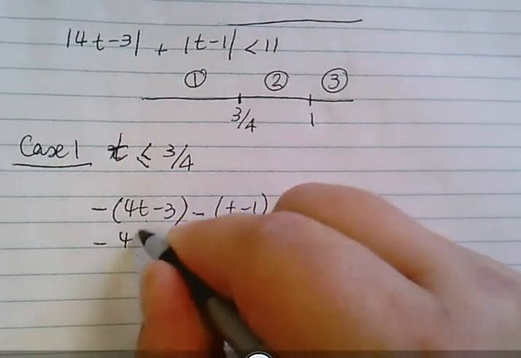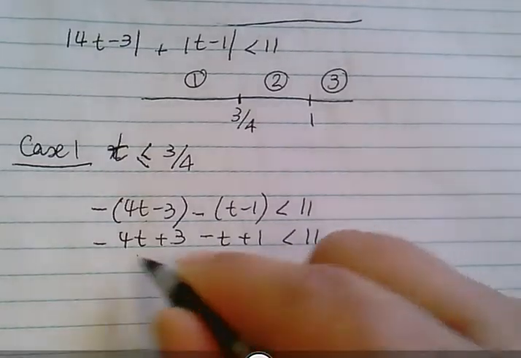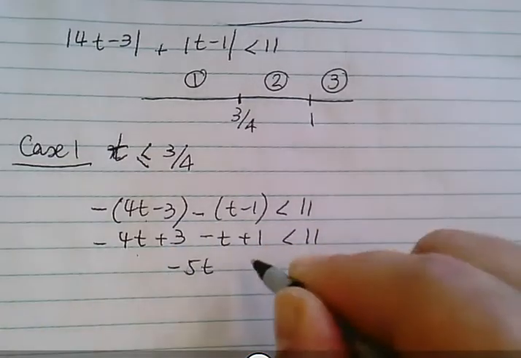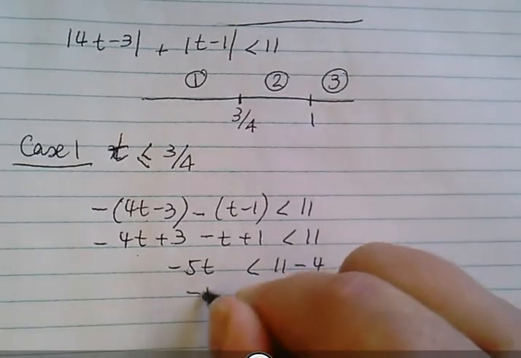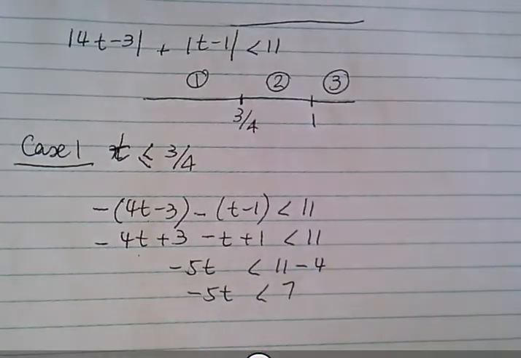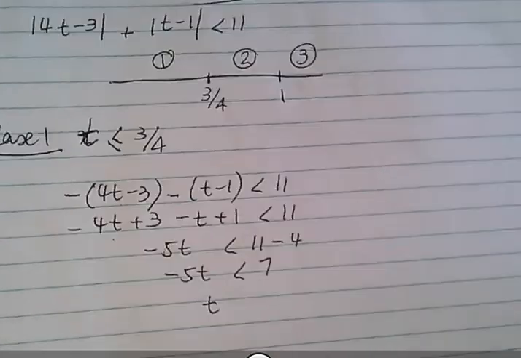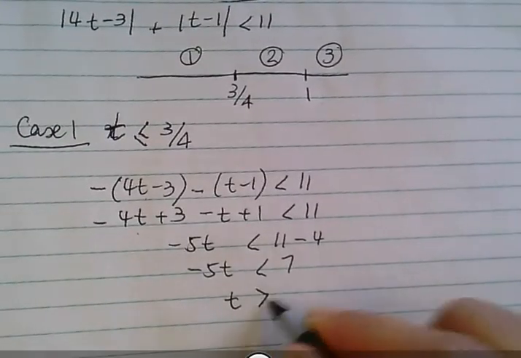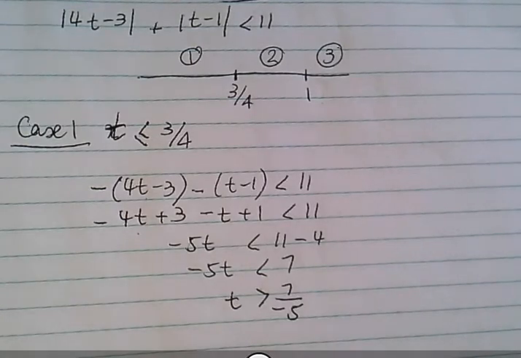So we've got minus 4t plus 3 minus t plus 1 is less than 11, minus 5t plus 4, so this would be 11 minus 4, minus 5t is less than 7, and so therefore t is what? What do I do now? Flip. Because I'm dividing by -5.